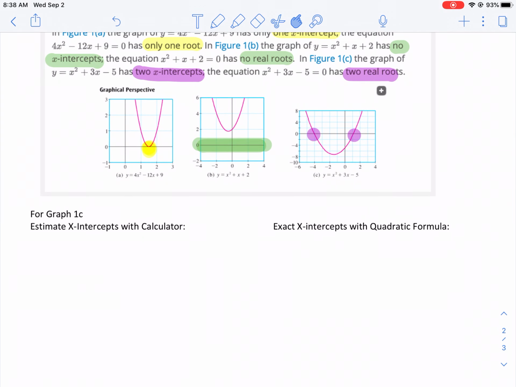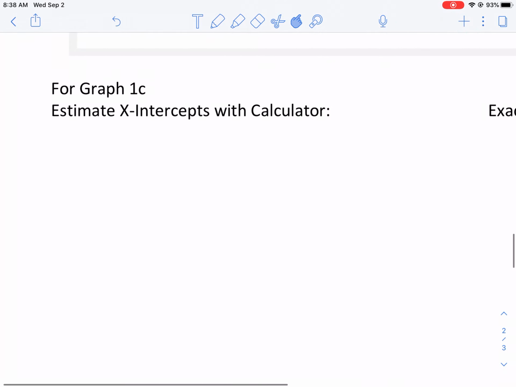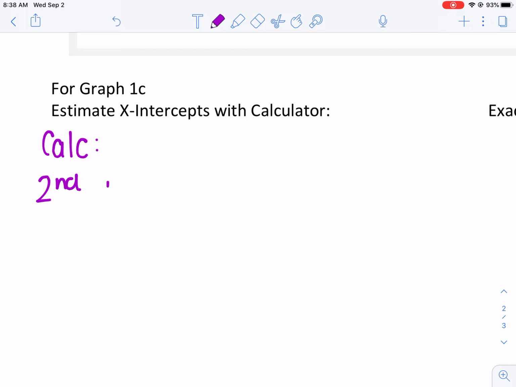It's nice to see on your calculator, so I'm going to show you the buttons to press. If you have questions about these, please ask in class. But here is how you graph 1C. So the buttons to press on your calculator. You're going to press second, trace, which is on the top bar. You're going to press the button that says 0.